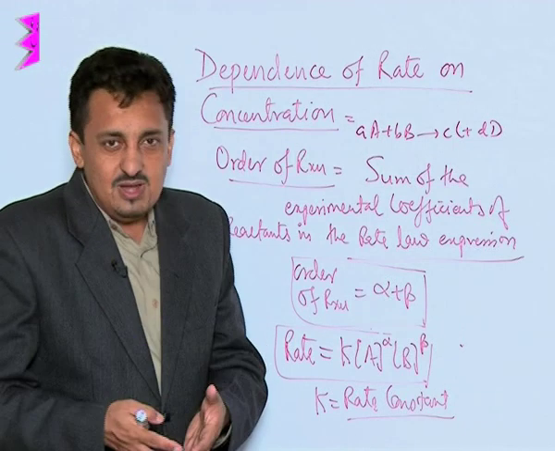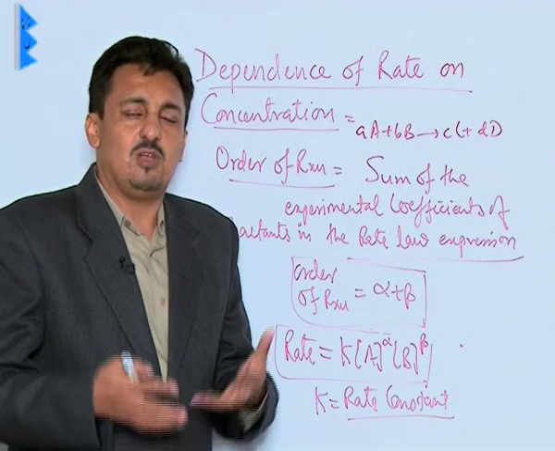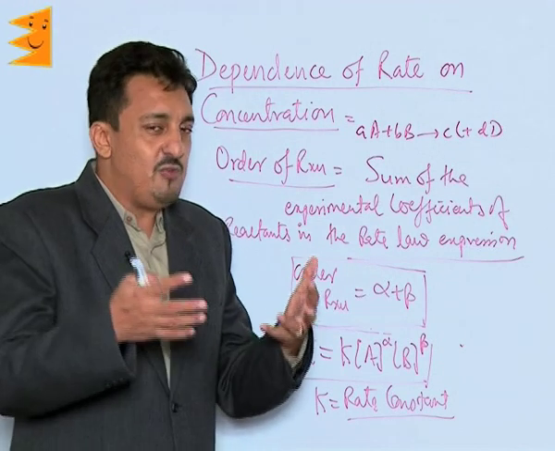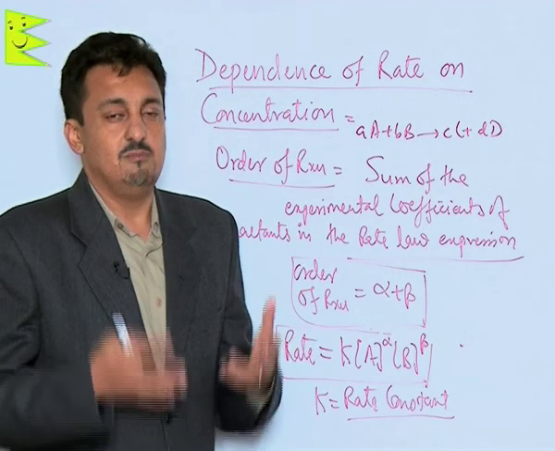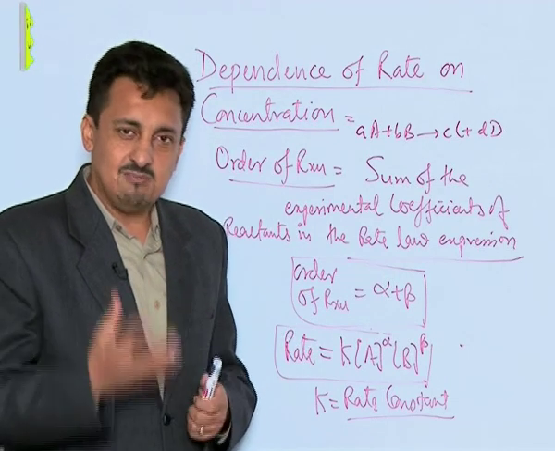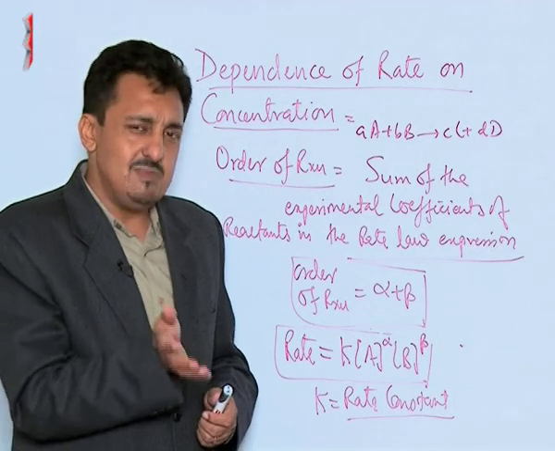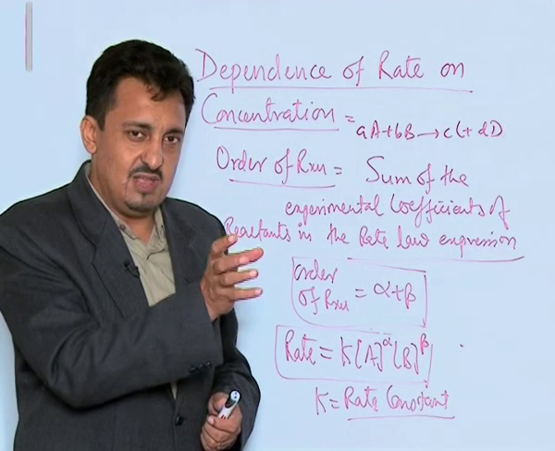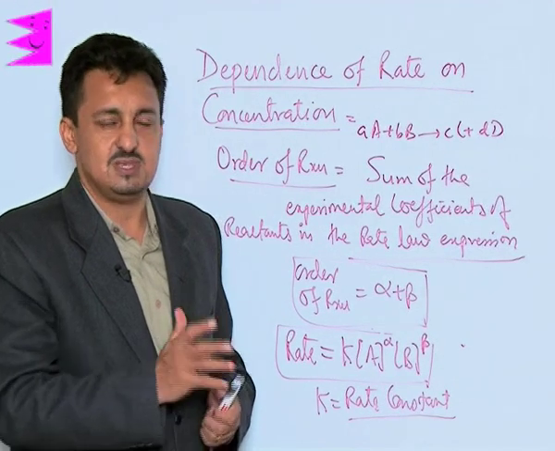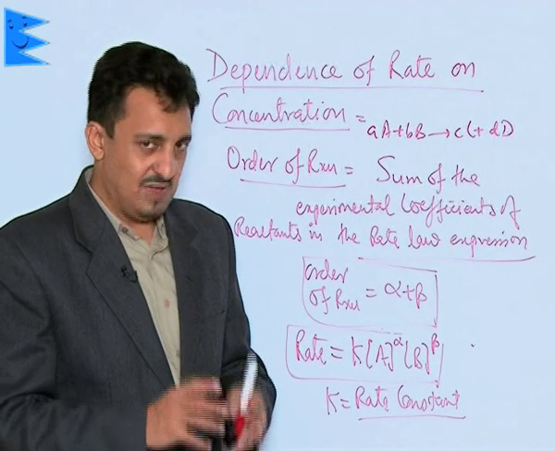Nobody can ask you to find out the order of a reaction from a balanced chemical equation. No, that's not possible, because it is always determined experimentally. Alpha plus beta can be similar to the sum of the coefficients from the balanced equation in some cases, but as such it is only determined experimentally.